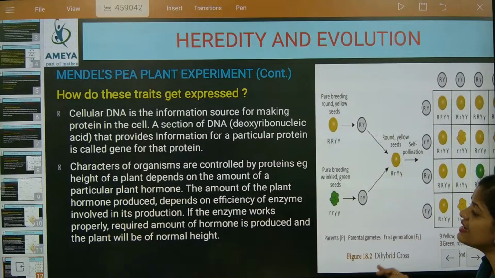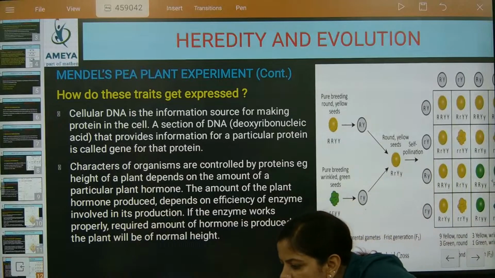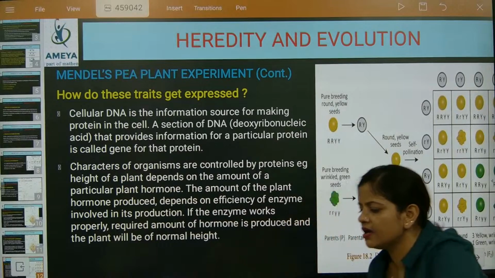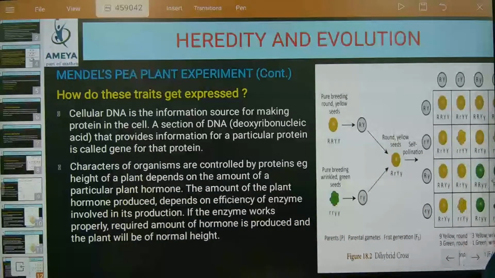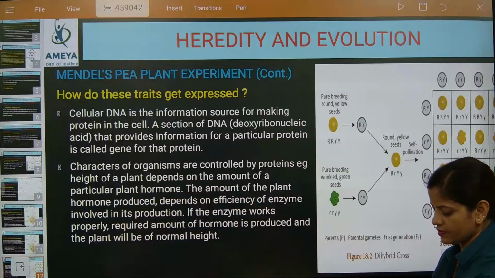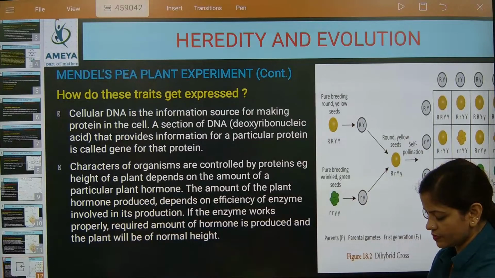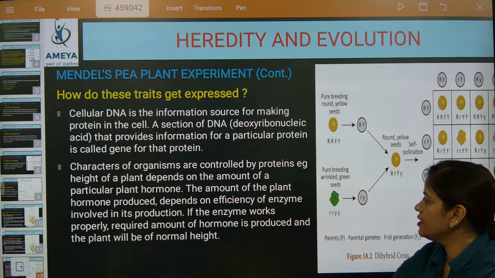What is the main thing responsible for expression of a trait? The main thing responsible for expression of a trait is this only. I hope you might have understood. Understood.